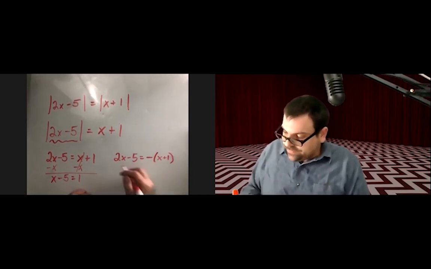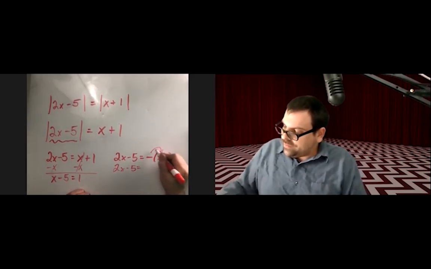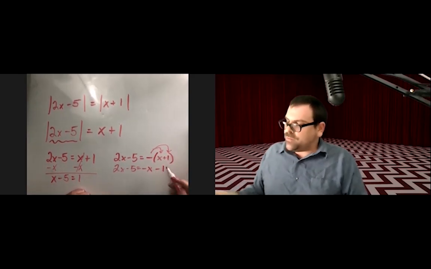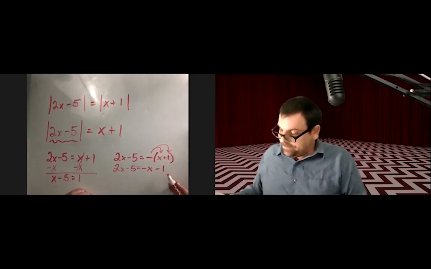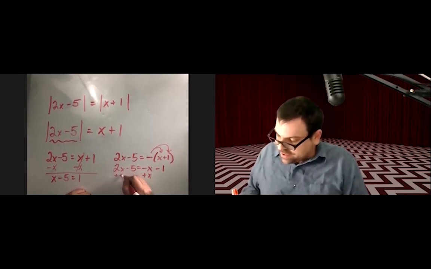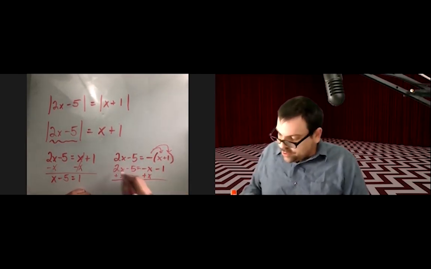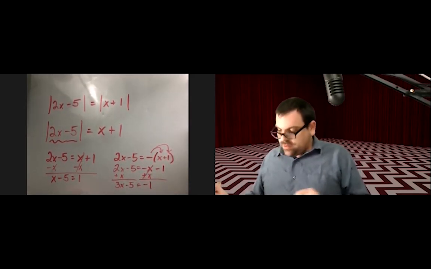Over here, I have to distribute this negative, and I get negative x minus 1, the opposite of x and the opposite of positive 1. So here I would add x to both sides. 2x plus x is 3x minus 5 equals negative 1.